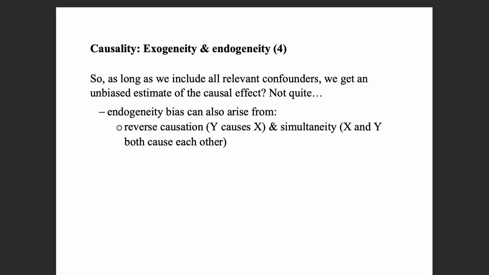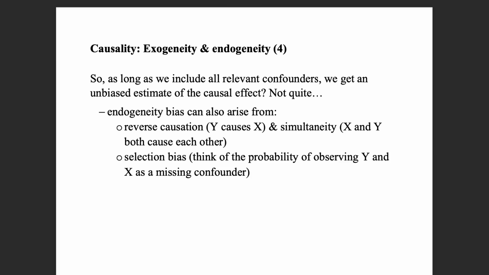So they are simultaneous in the sense that they are both causes of each other. That's a quite difficult issue to solve often, because even with lots of data and even with longitudinal data, it is statistically still very, very hard, sometimes impossible, to tease out the XY and YX effects from each other. So that's something to always be aware of. Does it make sense to use my X variable as an X variable and my Y variable as a Y variable?